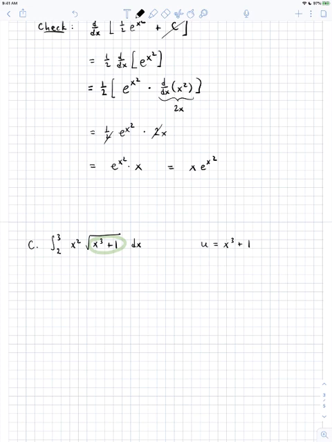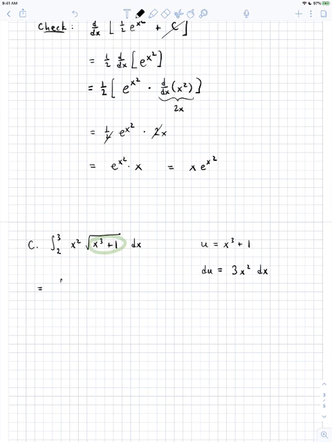You also have to have the derivative, du, or at least a constant multiple of the derivative. So in this case, we have for du 3x squared dx. And we don't have a 3x squared, but we do have an x squared. So that's almost what we're looking for.